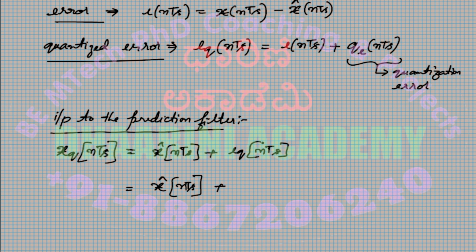Plus, I'll substitute for EQ. So that is E of nTs plus QE of nTs, isn't it? Okay, now write the equation for E of nTs.